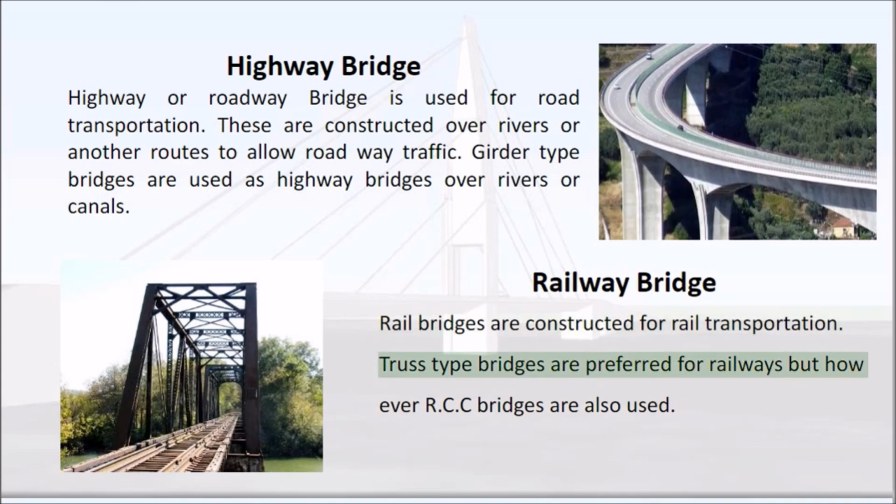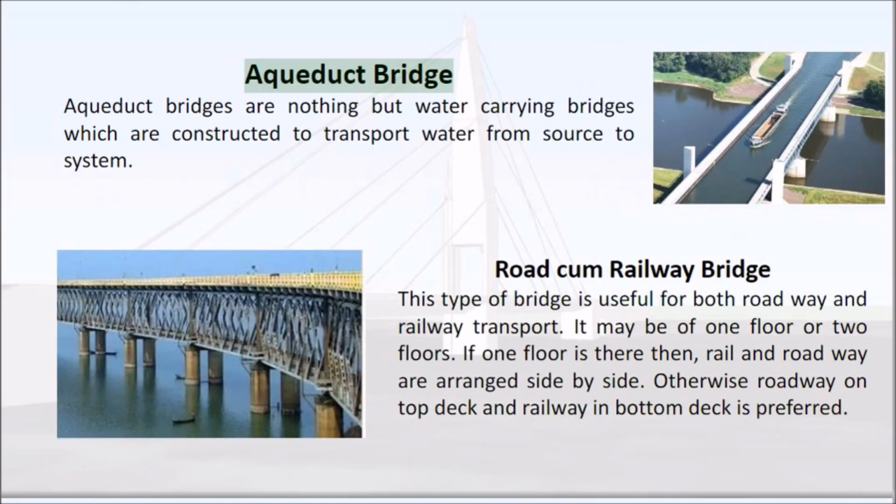Truss-type bridges are preferred for railways, however R.C.C. bridges are also used. Aqueduct bridge. Aqueduct bridges are nothing but water-carrying bridges which are constructed to transport water from source to system.